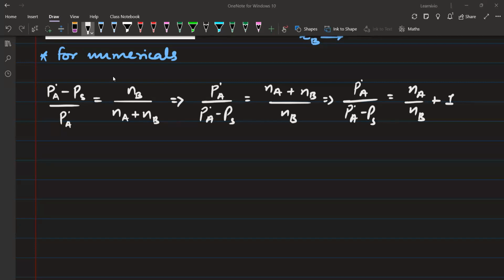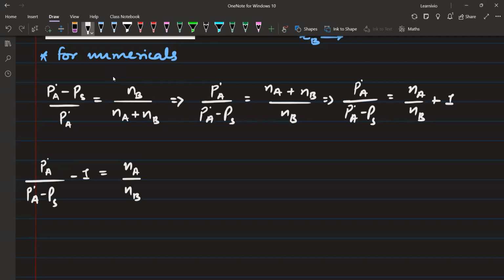ठीक है, चलिए. Now we'll take this one on the left hand side. It will become minus 1. So we'll have P naught A upon P naught A minus Ps minus 1, which will be equal to number of moles of solvent divided by number of moles of solute.